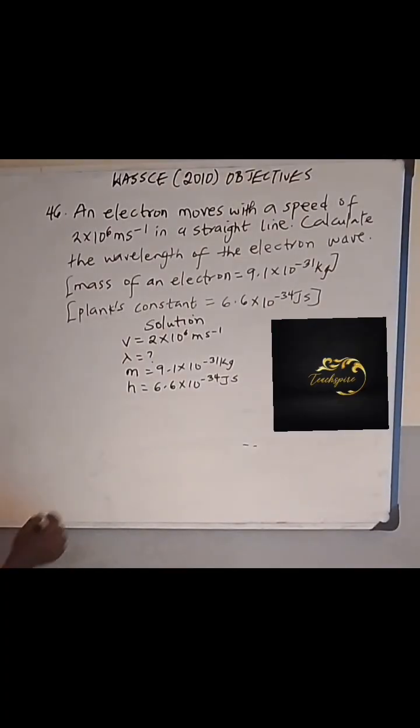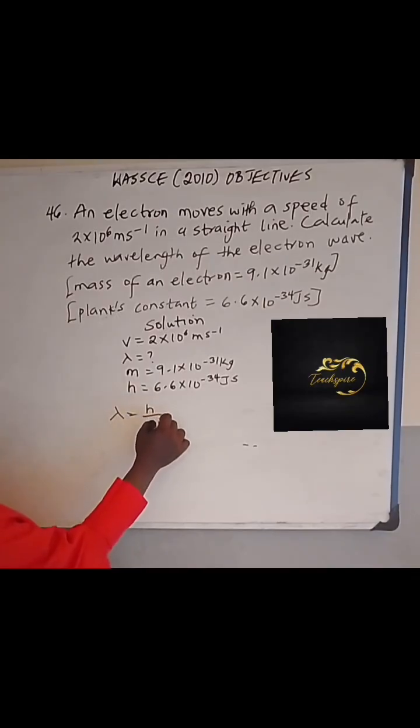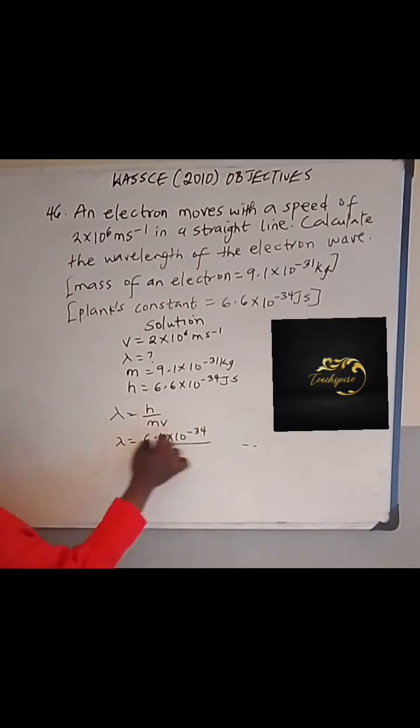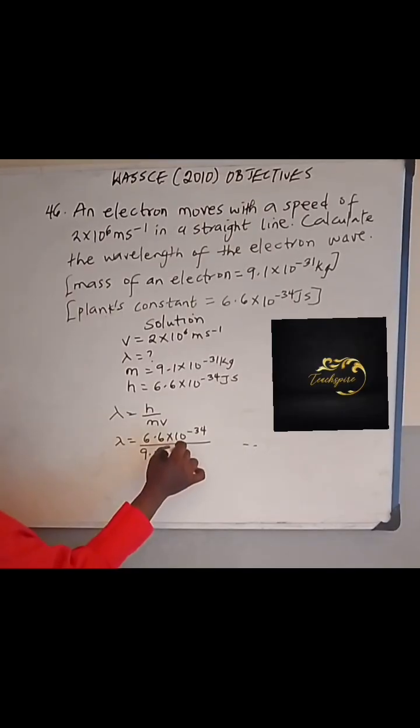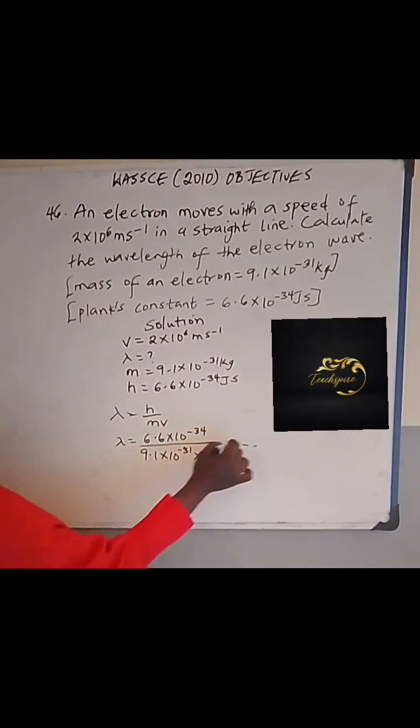Now we have to use the relationship lambda equals H over mv. Lambda is going to be H, which is 6.6 times 10 raised to the power minus 34, all over m, which is 9.1 times 10 raised to the power minus 31, multiplied by v, which is 2 times 10 raised to the power 6.